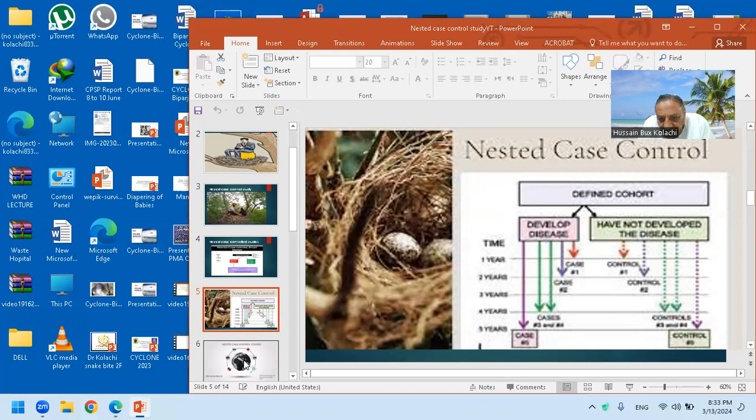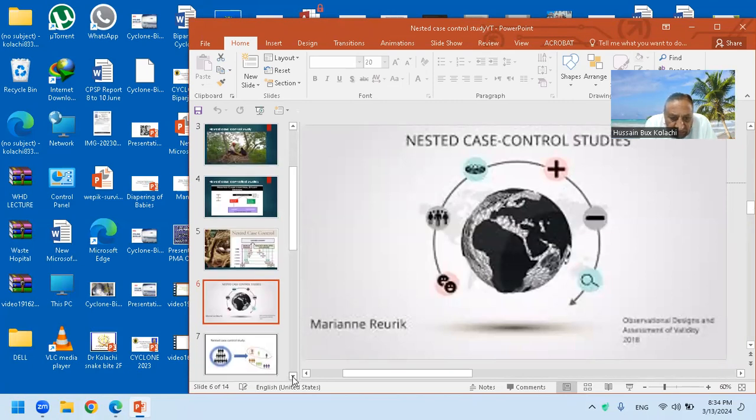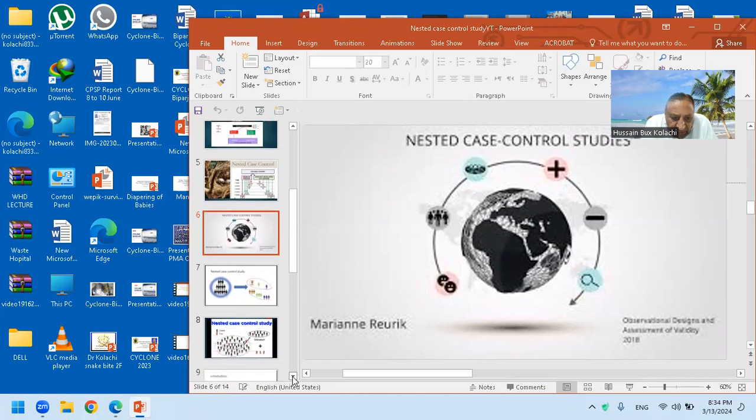You can see that these are the years when one case is identified or diagnosed. The control is also selected, and you can see that these are the years, these are the cases, and these are the controls. Coming to this picture, it also shows how the nested study is named.